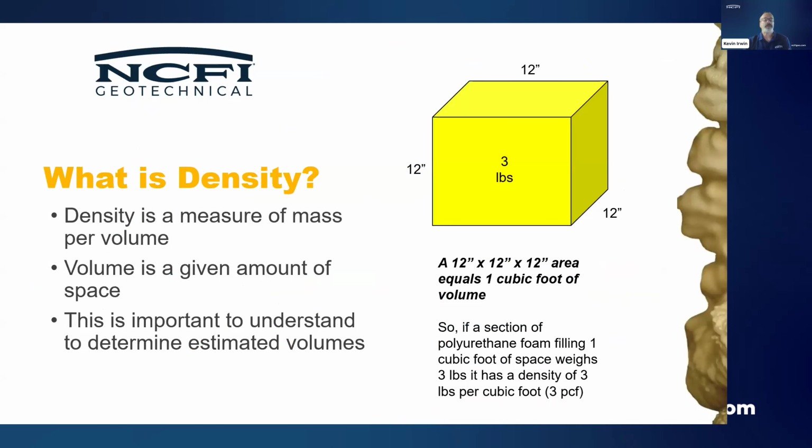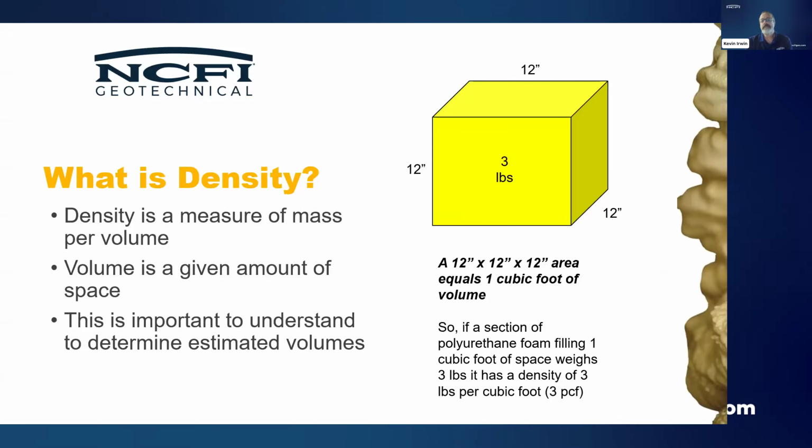So we're going to look at density. I'm sure many of you have heard the terms 2-pound foam, 3-pound foam, 4-pound foam. What that means is, if you had a cubic foot of that chemical at its free rise density, which we'll talk about packing here in a minute, if it was a 3-pound material, that cubic foot would weigh 3 pounds.